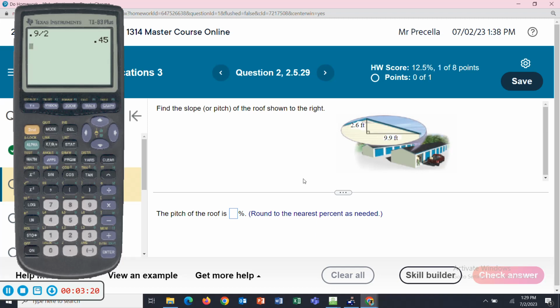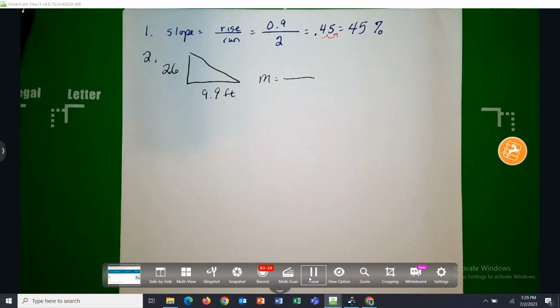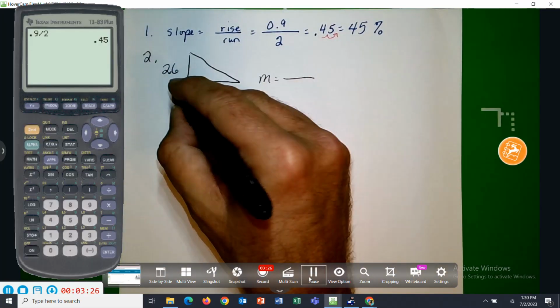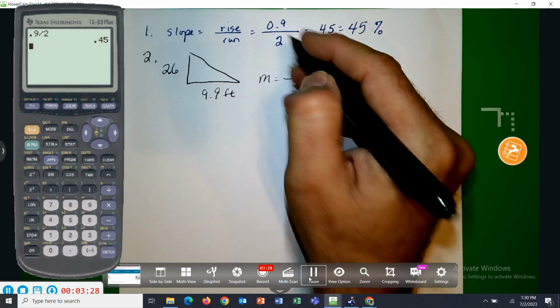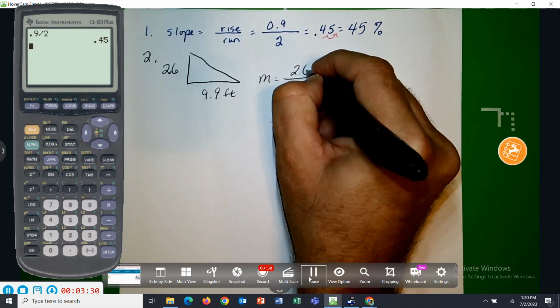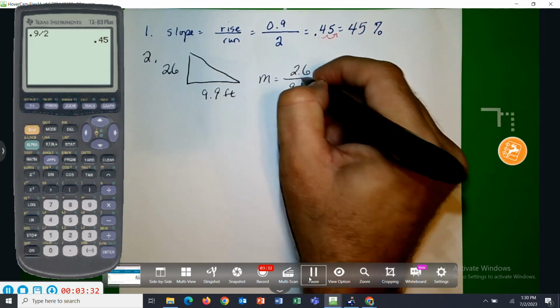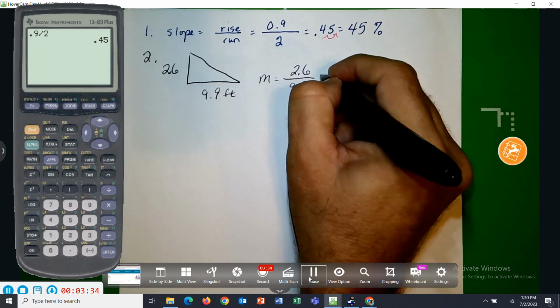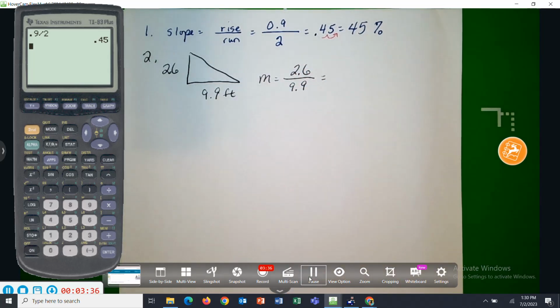So rise over run. The rise is 2.6. The run is 9.9. So I have 2.6 divided by 9.9.